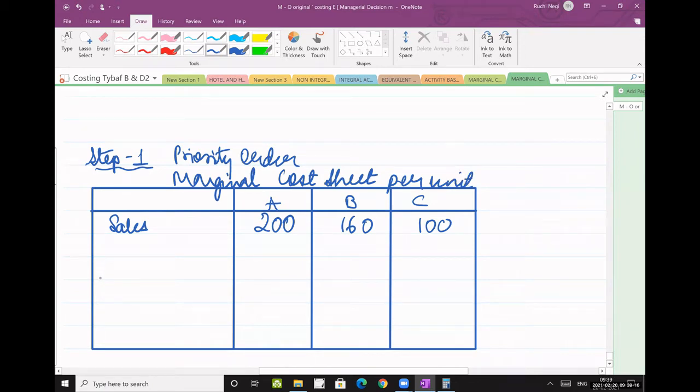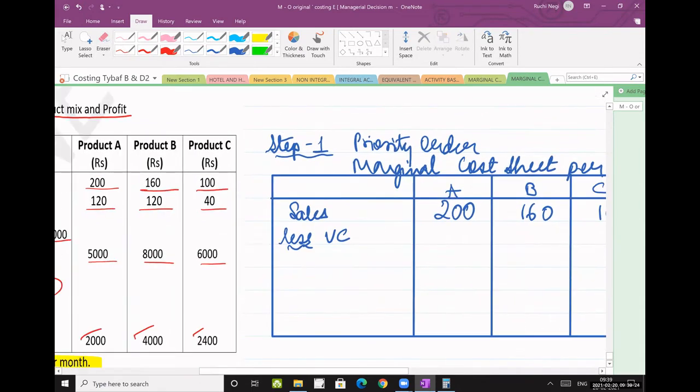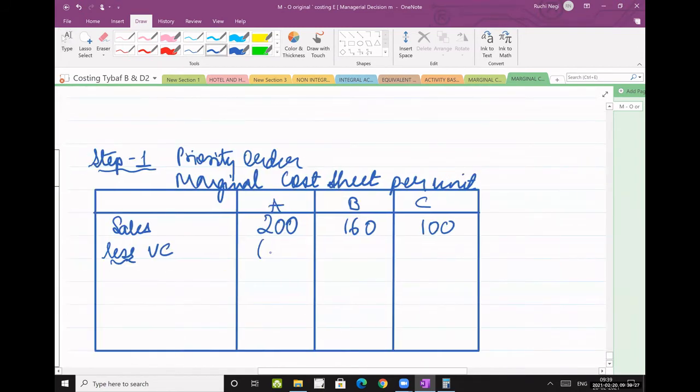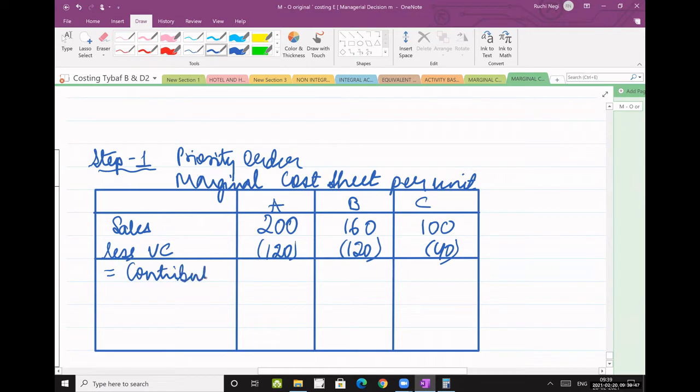Less variable cost: 120, 120, and 40. So this will give me my contribution: 80, 40, and 60.